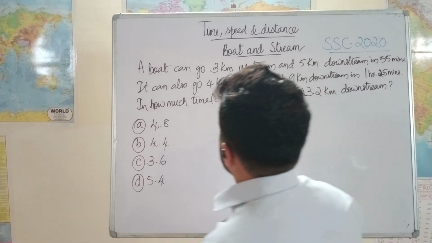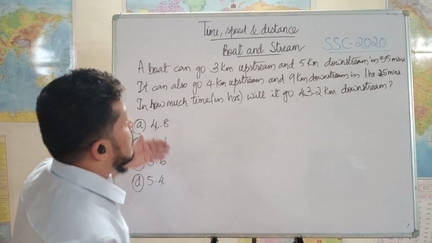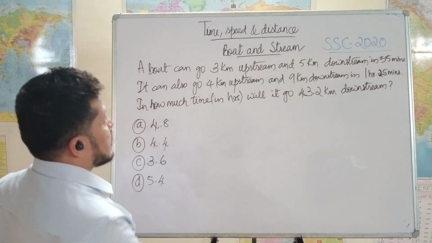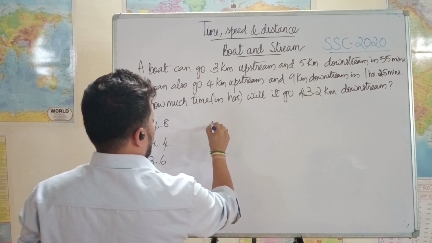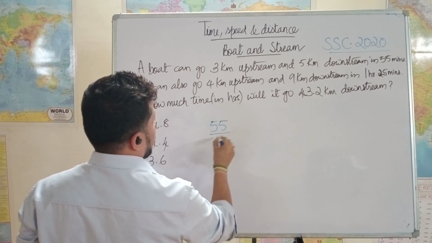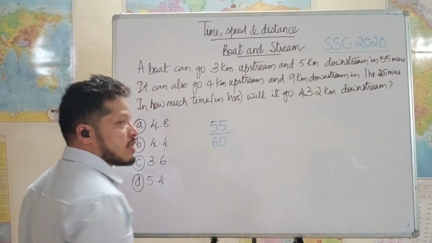Okay. So here what is given is in 55 minutes. In that time, 55 minutes, I write 55 minutes as 55 by 60 hours.